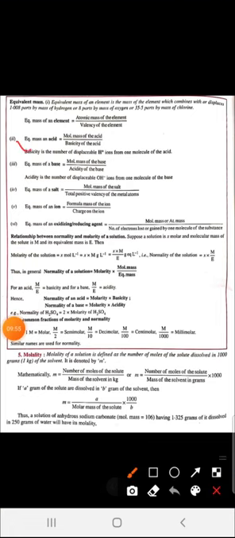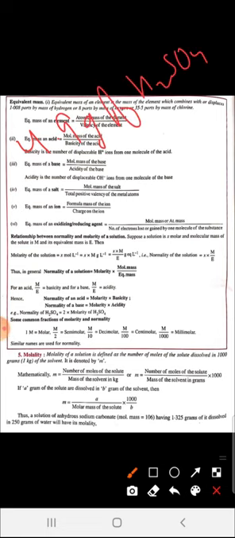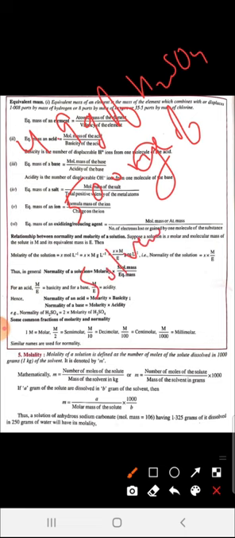The same example again we are taking. 4.9 gram of H2SO4 is dissolved in 500 gram of solvent to form solution. Now here we are not discussing the quantity of solution, we are just discussing the mass of solvent, how much mass is taken.